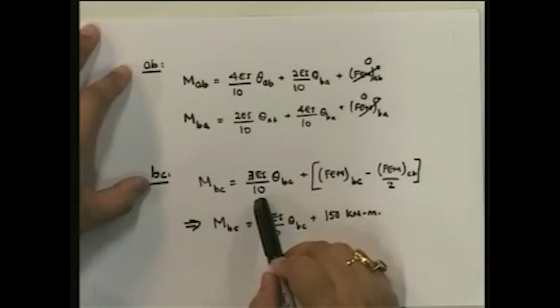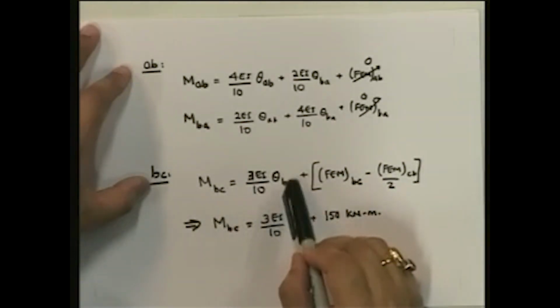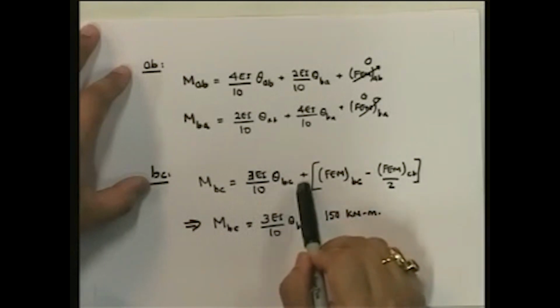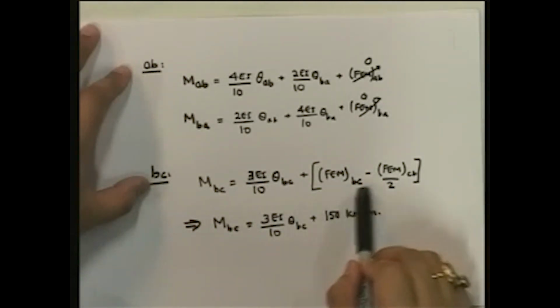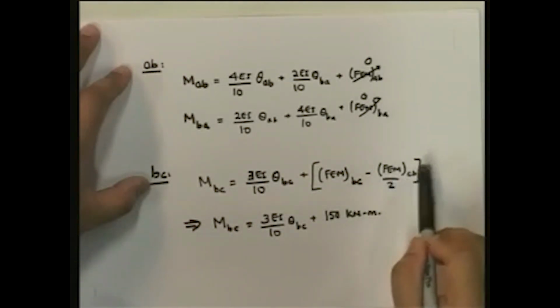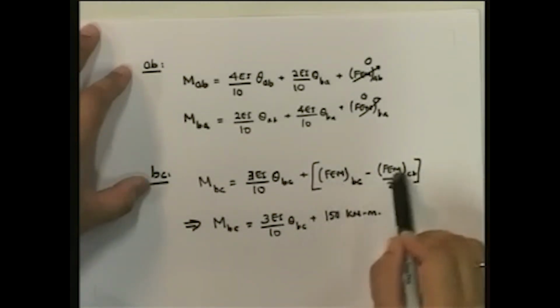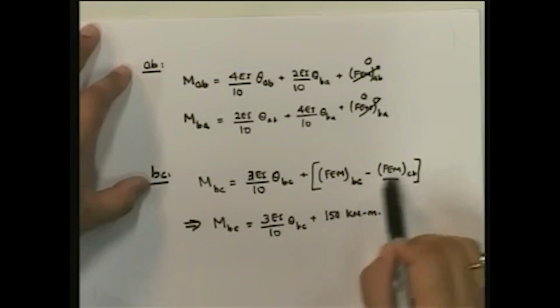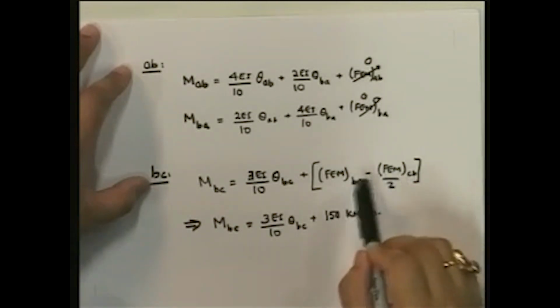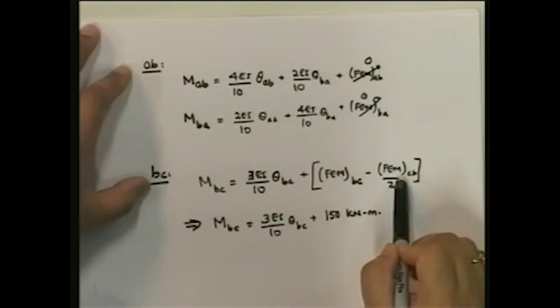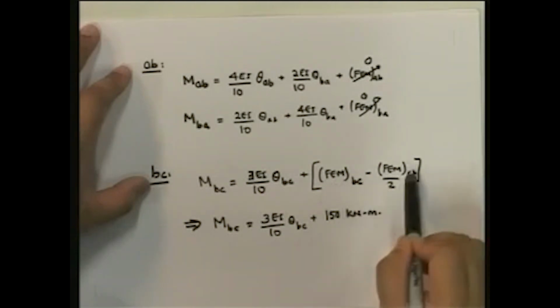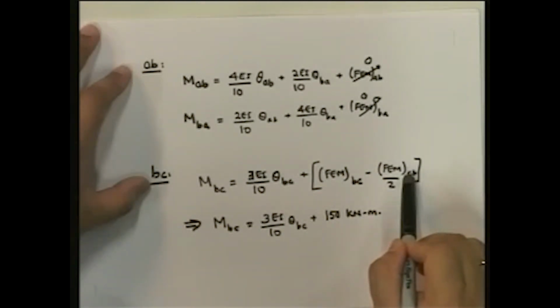Now here for BC, since BC is a modified member, MBC is equal to 3EI upon L, and L is 10 because 8 and 6 make 10, theta BC plus the fixed end moment at BC minus the fixed end moment at CB upon 2. Remember this particular thing. Here, these are the fixed end moments in a fixed beam subject to the load. Remember that these two quantities we had evaluated last time.